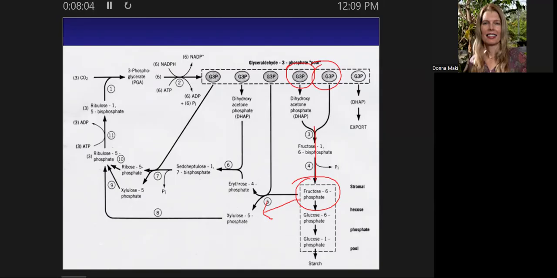So basically, the game is get to 5 carbons, because that's what RuBP is. So you want to get to 5 carbons. And so all of these reactions that you see are accomplishing that goal eventually, but it takes a little bit.